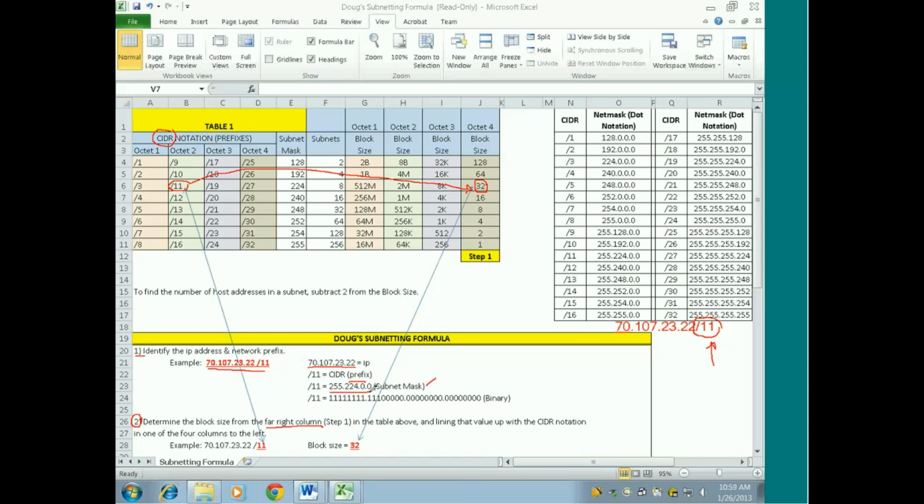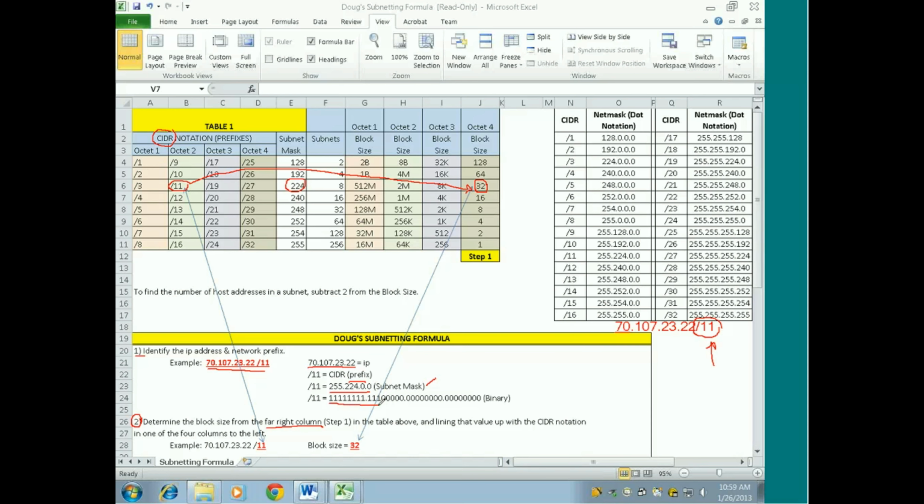Why? First octet is 8 bits on equals 255. Second octet, 3 bits on equals 224, because the /11 is 224. With me?